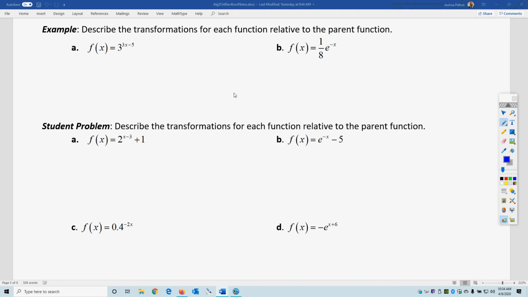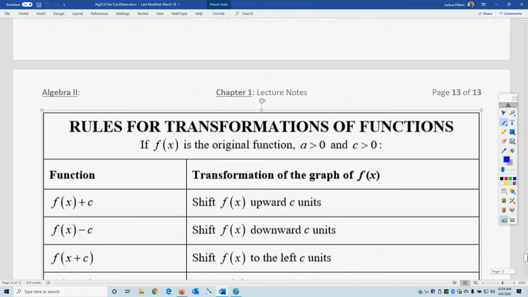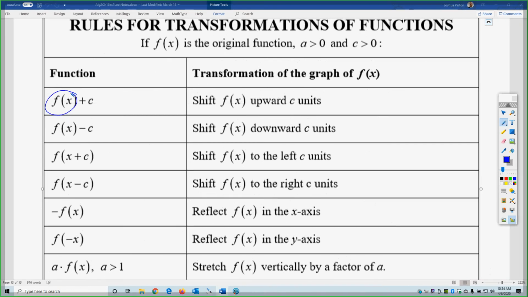So we have to look at the functions and tell what transformations were done relative to the parent. In prior chapters, I gave you a list of the transformations using the standard f of x function, which is any function you want it to be. The function in this case will be the exponential function. You can go through the list.